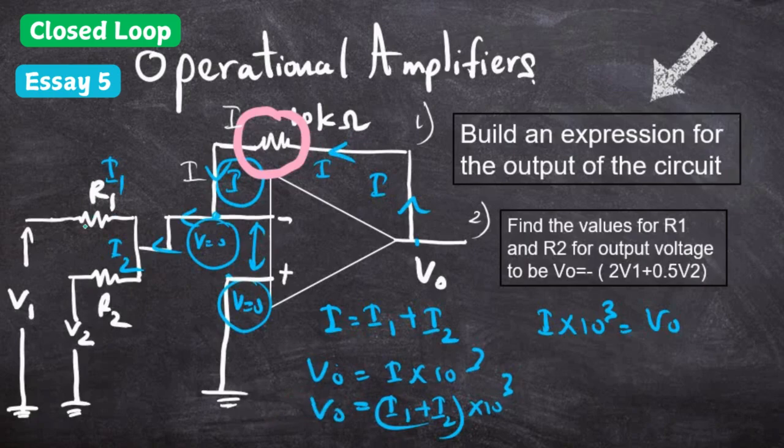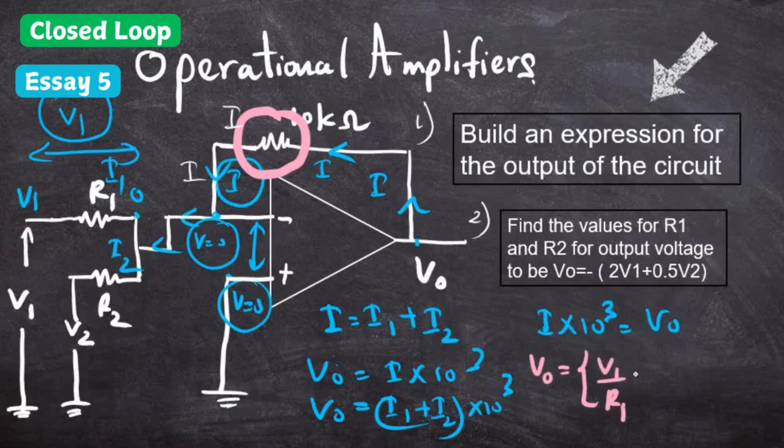We are getting closer to R1 and R2 now. You can see the potential here is V1 and the potential here is 0, so the potential difference is V1. So what we have to do is divide V1 by R1. So V naught will be equal to V1 over R1 plus V2 over R2, into 10 to the power 3.